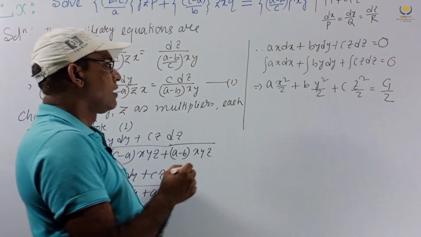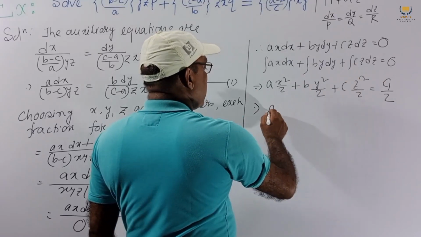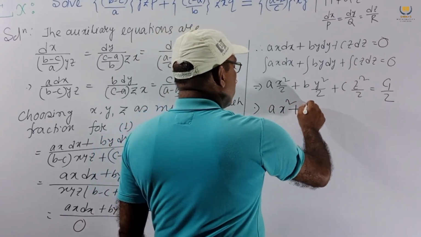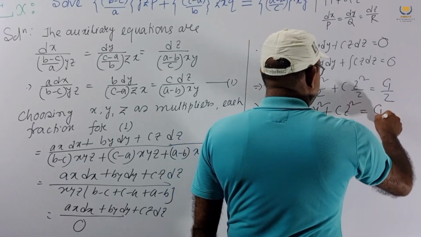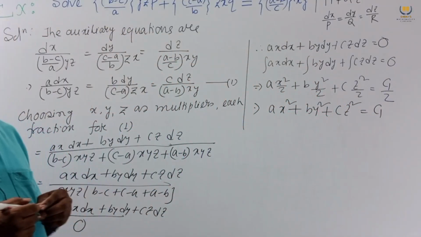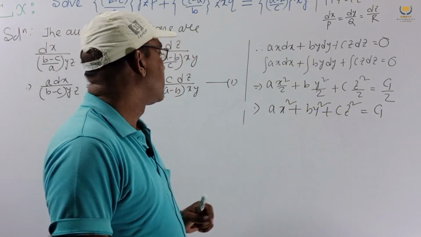Multiplying both sides by 2, we get the first solution, this one.